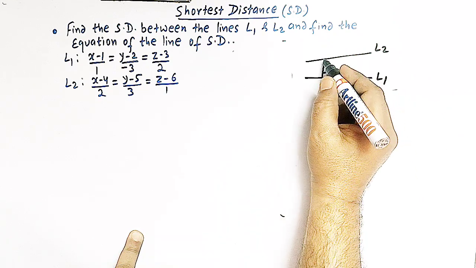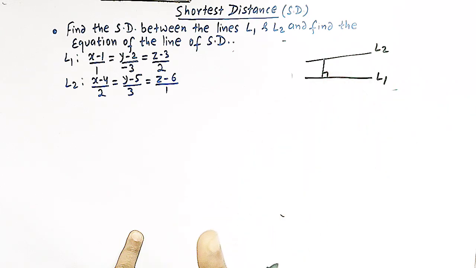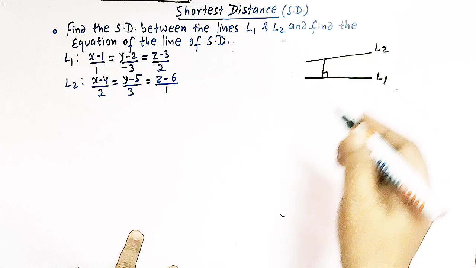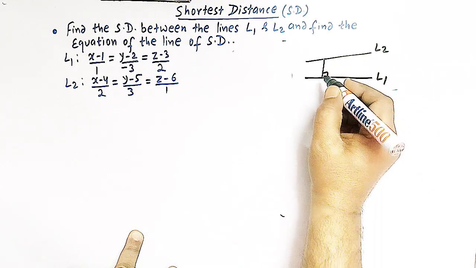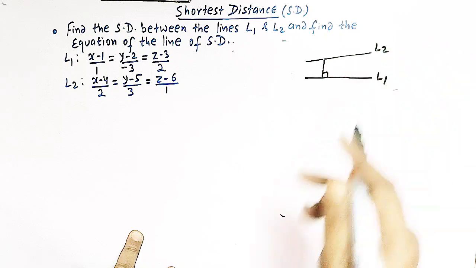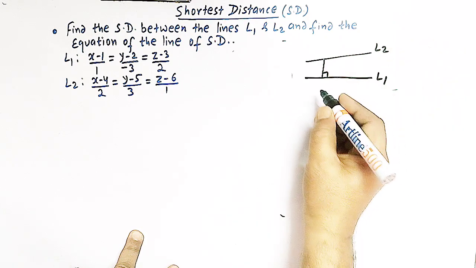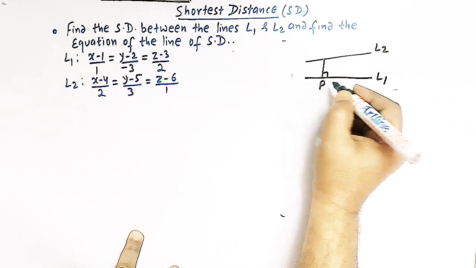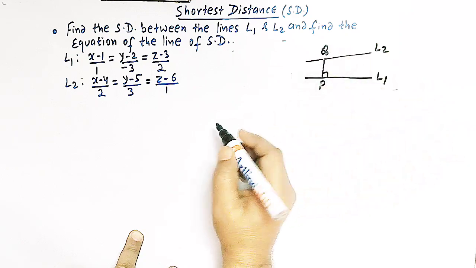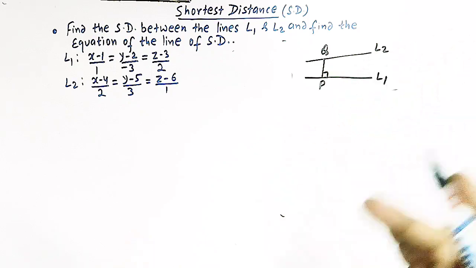There is only one line segment, only one shortest distance between these two non-coplanar lines, which is perpendicular to both the lines L1 and L2 simultaneously, right? Suppose this point is P and this point is Q, and remember L1 and L2 lie on different planes.